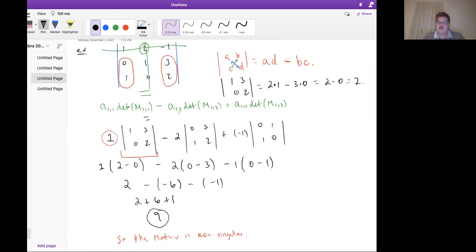Is there an easy way to get the inverse of a 3x3, like the 2x2 inverse? Well, our easy way is we do the row reduction to identity, which is pretty satisfying in terms of easiness.